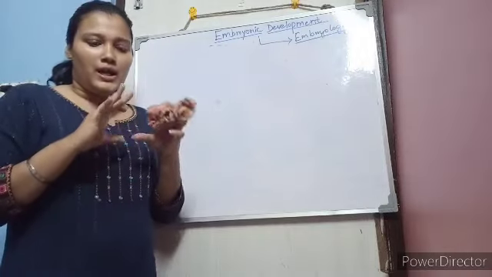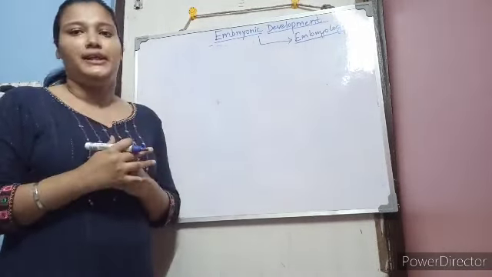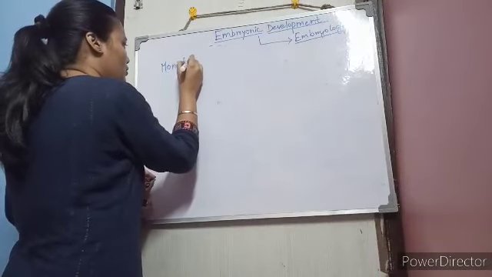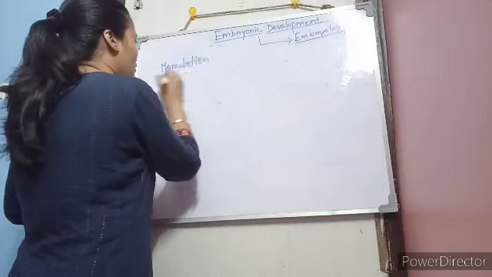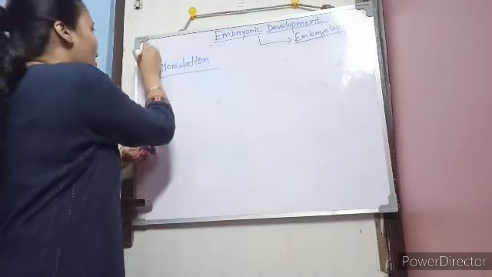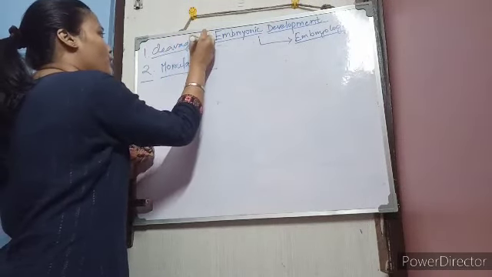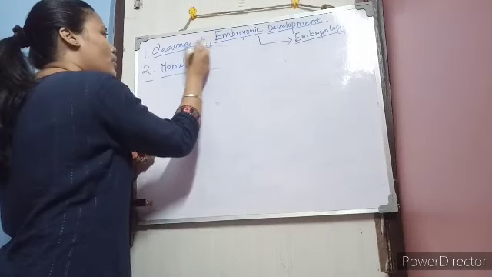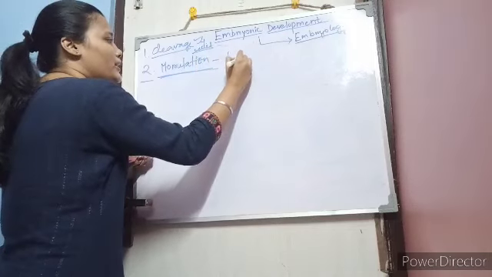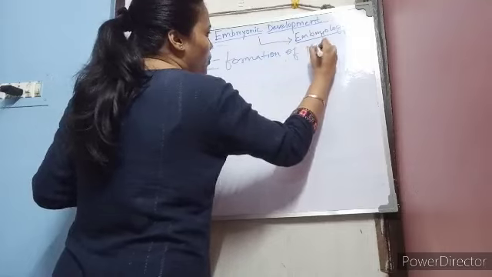Now this process is complete. Now morulation takes place, or morula. This is number 2, morula. Number 1 was cleavage. Till the 4-cell stage we have learned about cleavage. Now morulation is the formation of the structure that we call the morula.